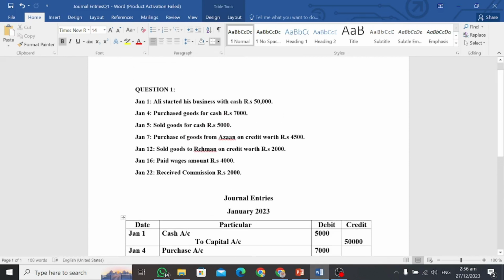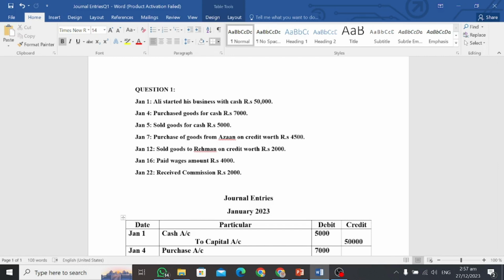The next transaction we have January 12th, sold goods to Rahman on credit worth rupees 2,000. As I told earlier, on credit means on advance. Now Rahman is our customer. We have sold goods to our customer on advance worth rupees 2,000. The account made with customer is account receivable, as we will be receiving money from the customer.